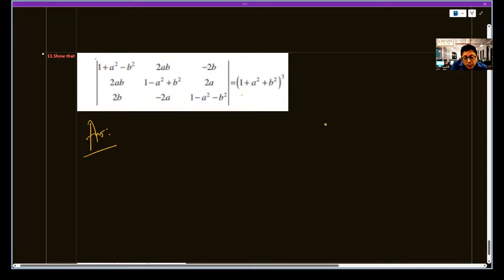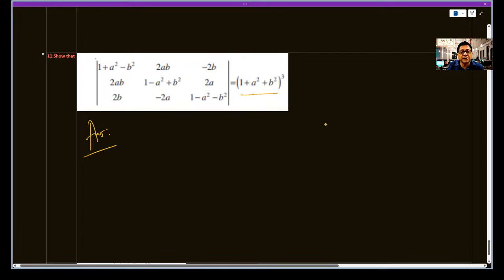I always look at the right hand side. It is 1 plus a square plus b square. I have to get that. So how can I get it quickly? That I'll think. If I have a square plus b square over there, then it will be convenient for me.